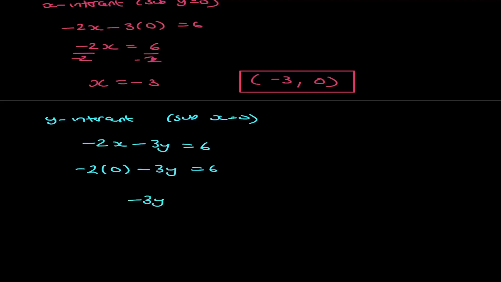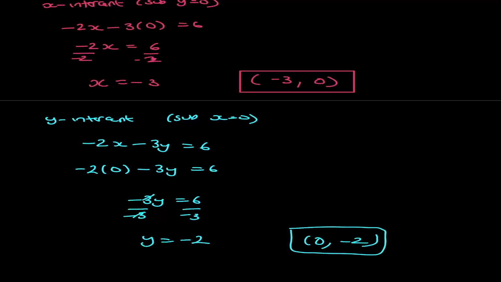So you simplify to -3y equals 6, and then divide both sides by -3. 6 divided by -3 is -2. So your y-intercept is (0, -2). Perfect. Now you've got 2 points, both your intercepts, and that's all you need to draw your graph.